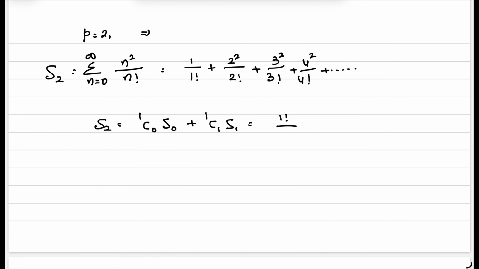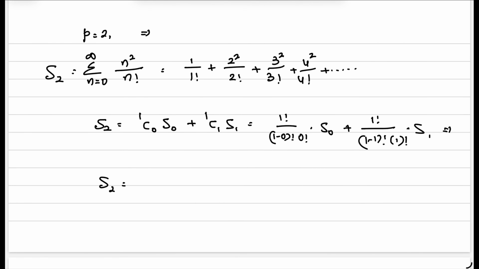Factorial 1 divided by factorial 1 minus 0 divided by factorial 0 into S0 plus factorial 1 by factorial 1 minus 1 factorial 1 into S1. That implies S2 is equal to, this is the formula.